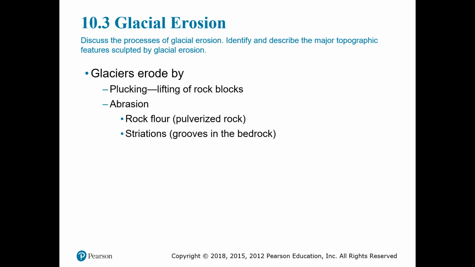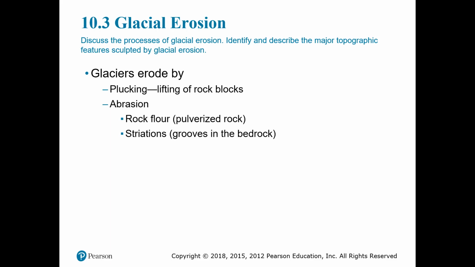And we can also get striations, which are the grooves and scratches that occur in the bedrock as these large rocks that have been plucked and lifted into the glacier scratch into the surface of the bedrock. Now, sometimes the abrasive action also produces very smooth or very polished surfaces.